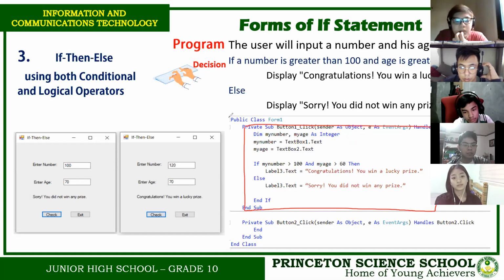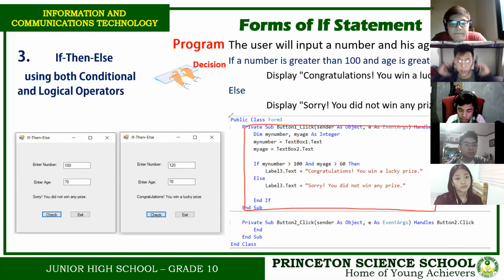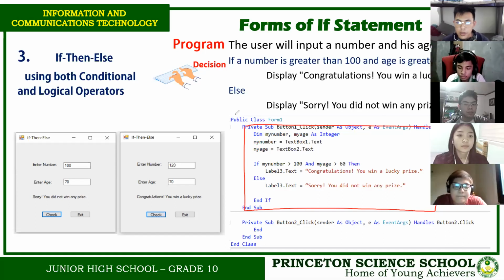For the conditions, if my number is greater than 100 and my age is greater than 60, and both conditions are met, then the computer will perform the first action, which is "Congratulations, you win a lucky prize." And if one out of two conditions is not met, then the computer will display "Sorry, you did not win any prize." Okay, so that is correct.